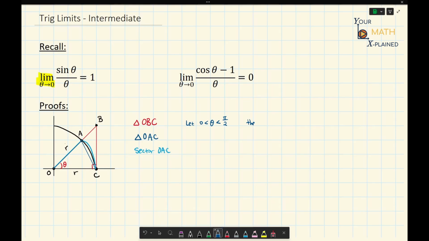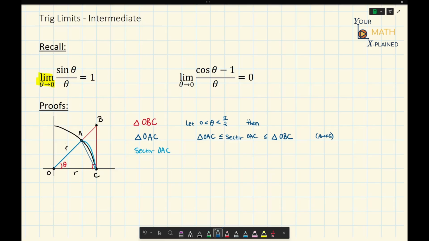So that means we can write down the relationship between these three. We would have triangle OAC is less than or equal to the sector OAC, which is less than the triangle OBC. And here we are talking about the areas.